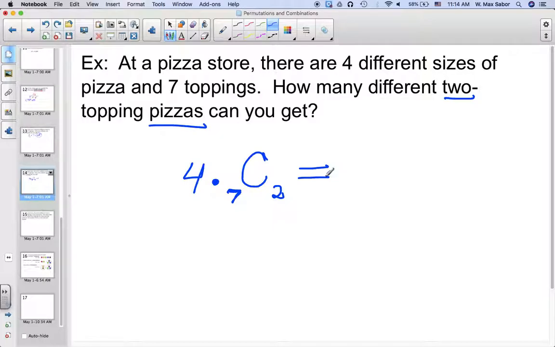So 7 combinations of 2, times 4, gives us 84, the number of different 2 topping pizzas.